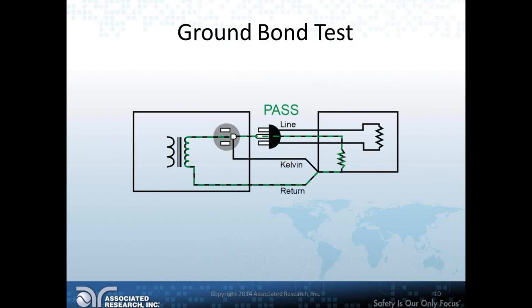It travels through the ground circuit into the chassis of the product, the dead metal, which is making a solid connection to the ground pin, and the resulting impedance is measured by the ground bond tester itself.